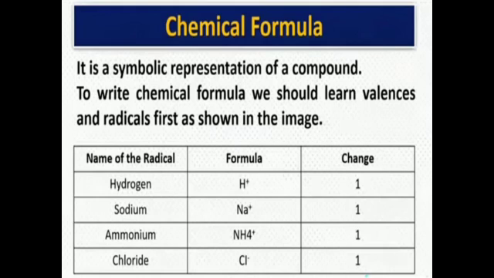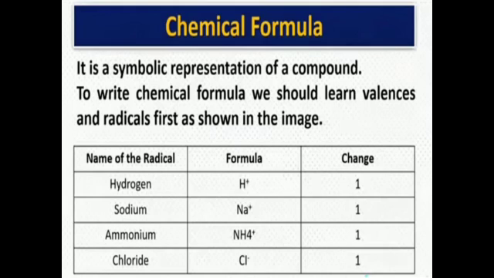So when a compound consists of both metals and non-metals, the symbol of the metal is always written first. For example, calcium oxide: calcium is a metal and oxygen is a non-metal, so we write calcium first, that is Ca, and then oxide, that is O.